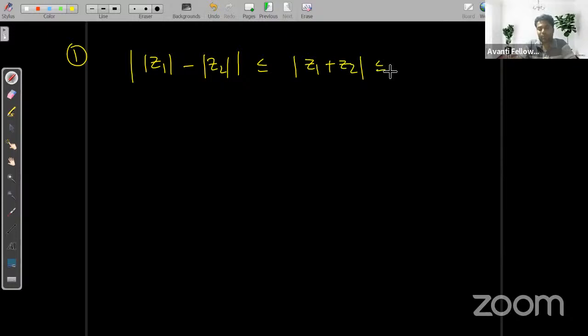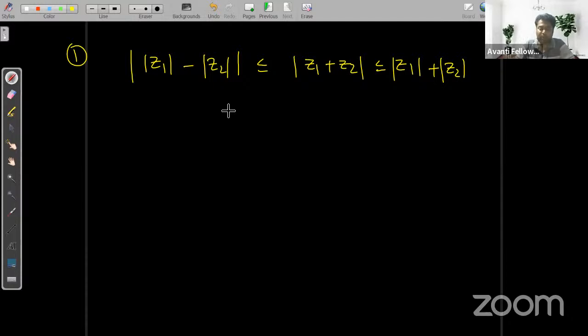So the first law says: mod of Z1 minus mod of Z2 is less than or equal to mod of Z1 plus Z2, which is less than or equal to mod of Z1 plus mod of Z2.